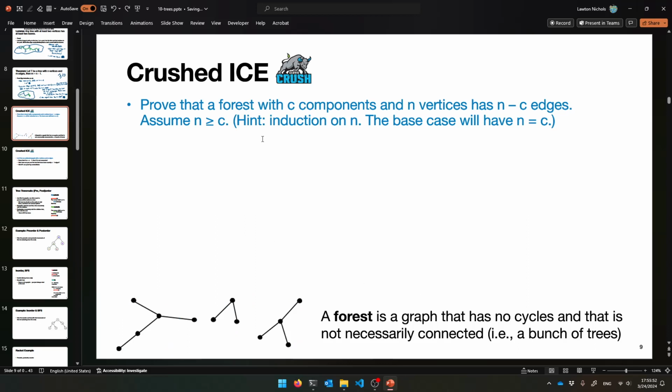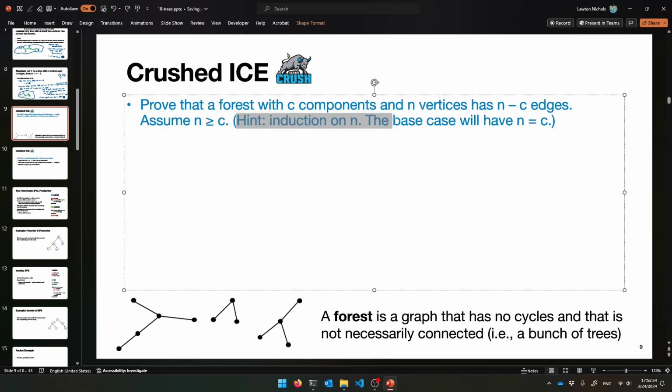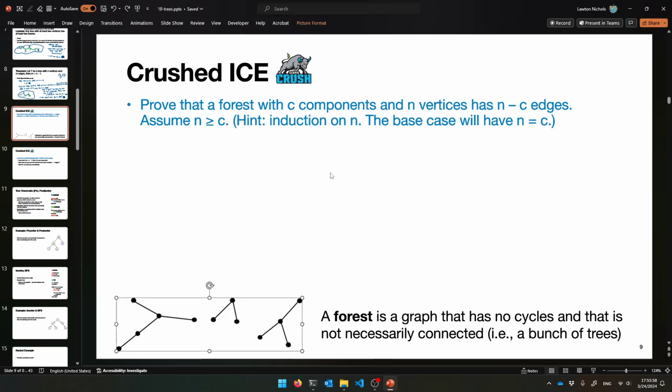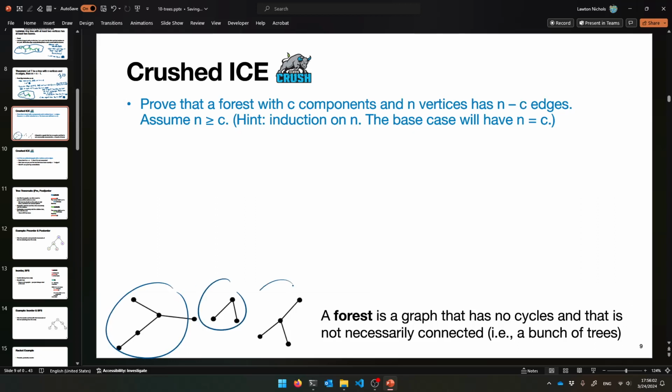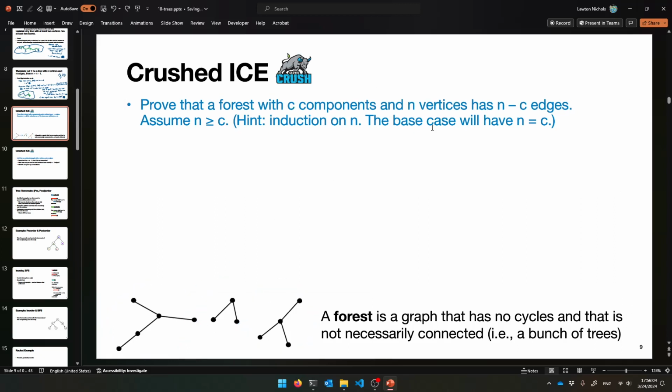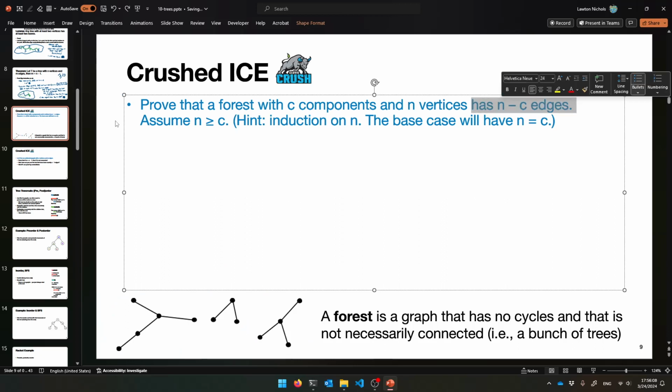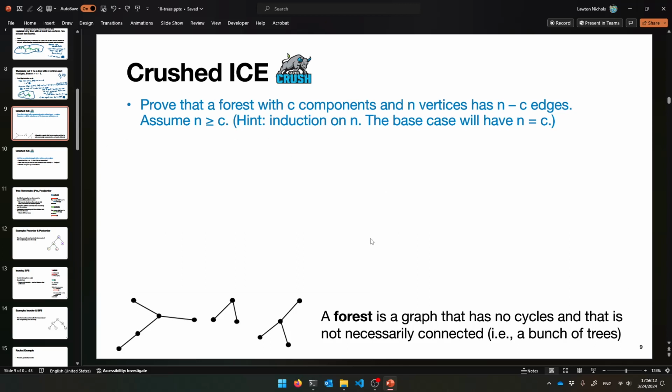I'd like you to prove by induction, again, induction on n, the number of vertices in this forest total, if it has C components. So this one has 3 separate components, right? And I claim that it has n minus C edges. So assume that n is bigger than or equal to C. Otherwise it doesn't make sense, you can't have more components than nodes, because each component must have at least one node.